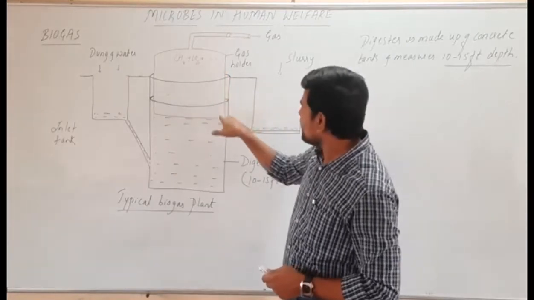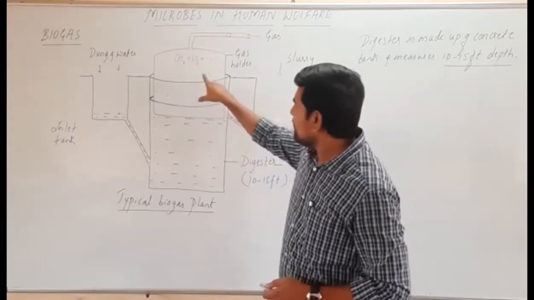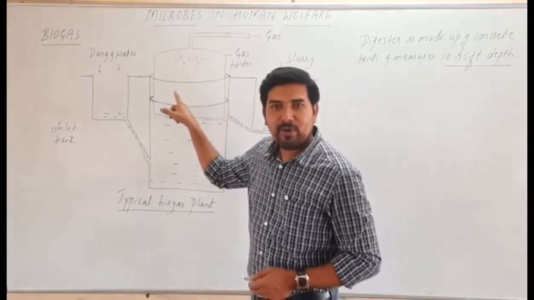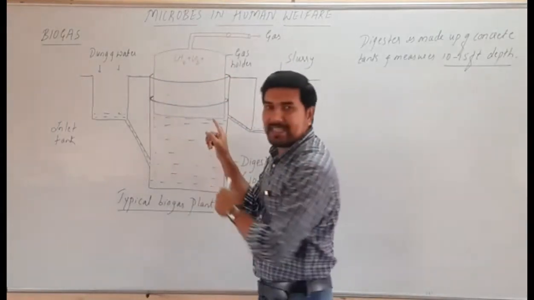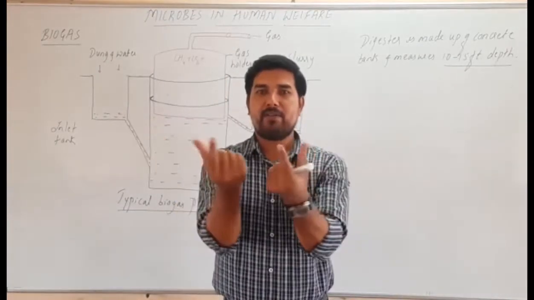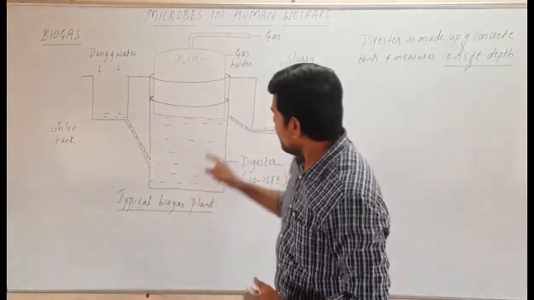This top consists of a floating chamber. This is also called a gas holder. We call it a floating chamber because it is made up of stainless steel, and it is fitted with a rubber on its side so that the gas does not leak out.